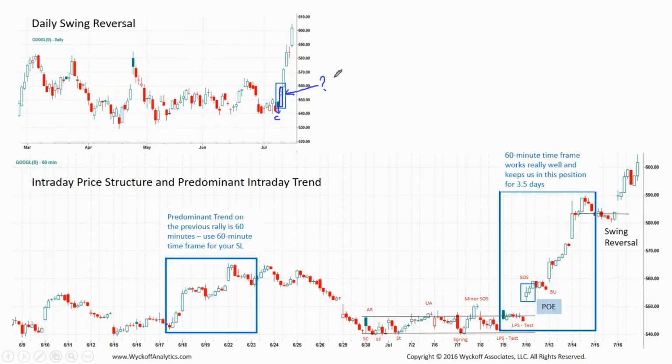And then the question, is this a significant bar? If this is a significant bar, then our decision is just to leave a position on for a potential swing trade.